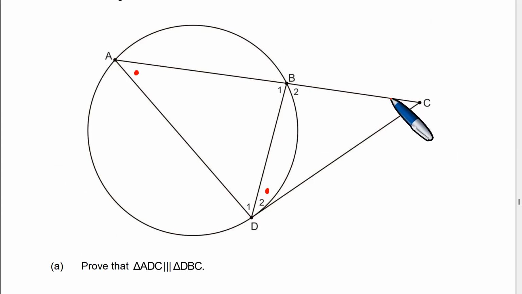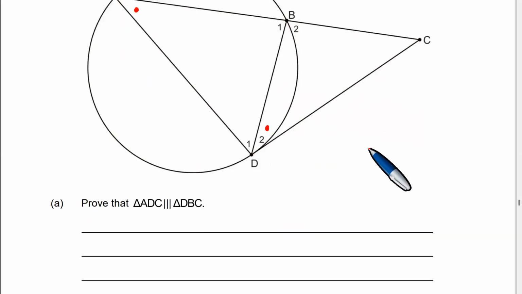Right, but obviously, we can already see that angle A is equal to angle D2 because of the tan chord theorem. Okay, because we're dealing with DBC, but we have also the triangle ADC, in which angle A is part of the triangle. Okay, we start the proof. Right, this is how we begin the proof. Then the proof starts as follows.